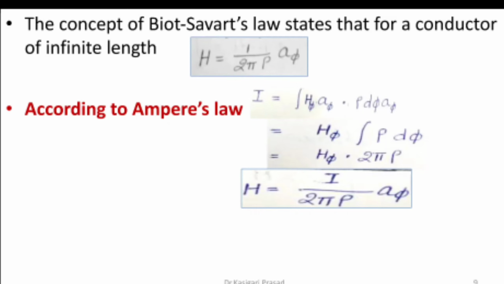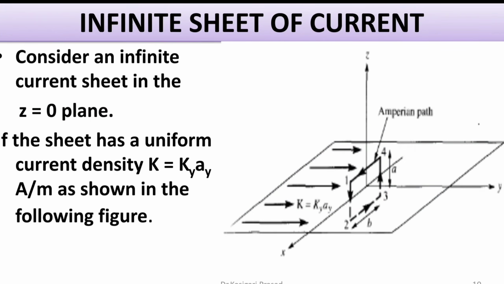Now let us see an infinite sheet of current. Here we have taken a sheet placed horizontally in the x, y, z coordinate system. Consider an infinite current sheet in the z equals 0 plane.